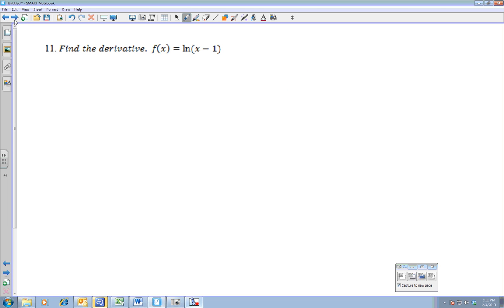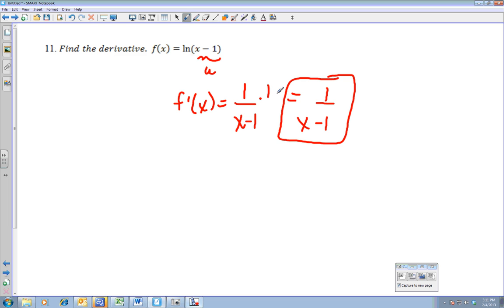Okay, number 11. Again, here's my u. So f prime of x equals 1 over my u times the derivative of my u. Derivative of this is just 1. So my answer is 1 over x minus 1. Number 12.